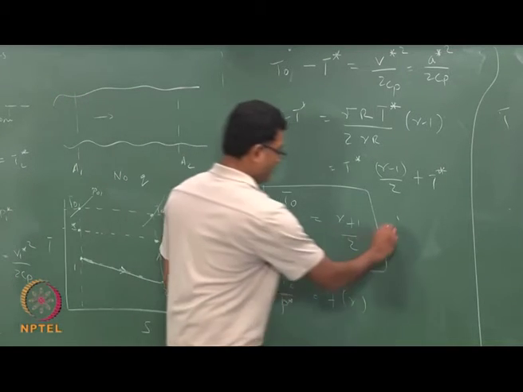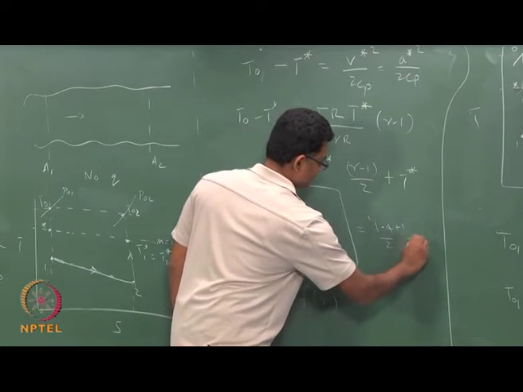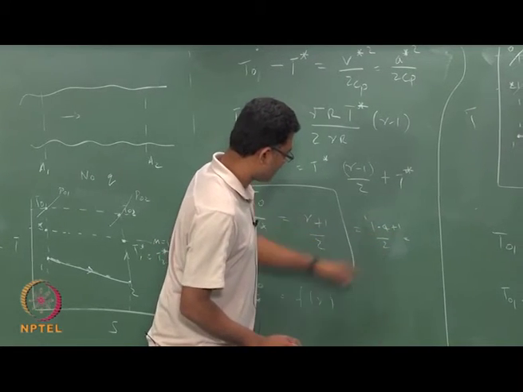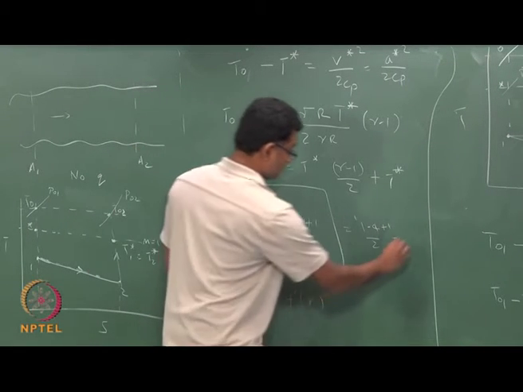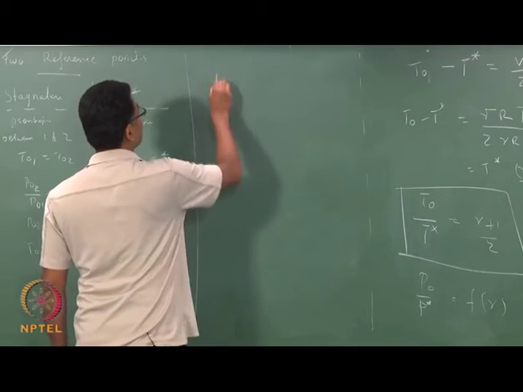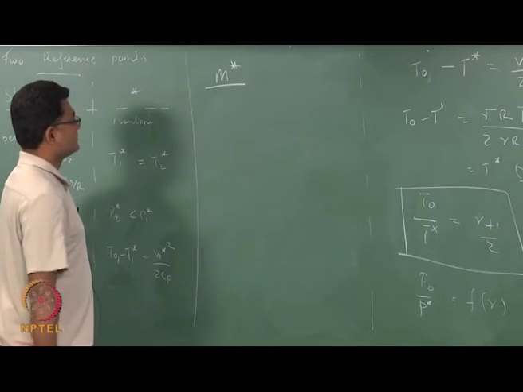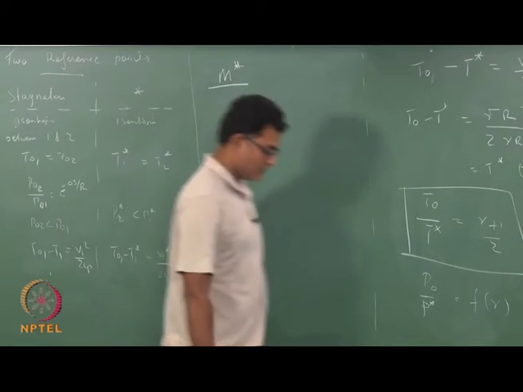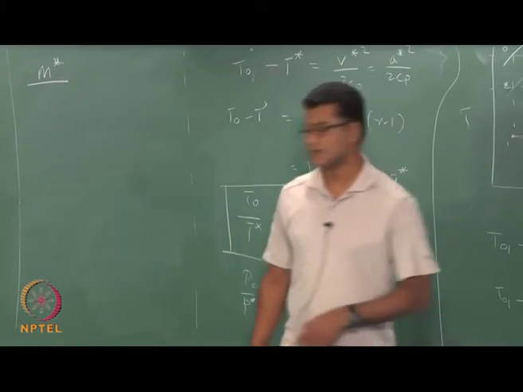So, if gamma is 1.4, this is 1.4 plus 1 by 2. So, this is 2.4 by 2, this is 1.2. So, M star is the Mach number at the star condition.